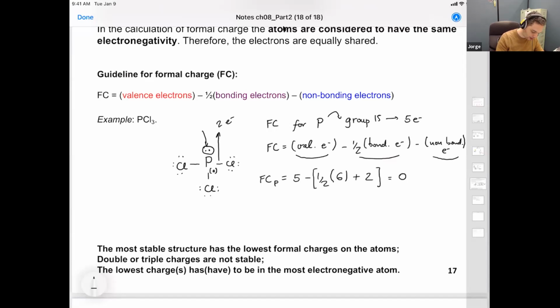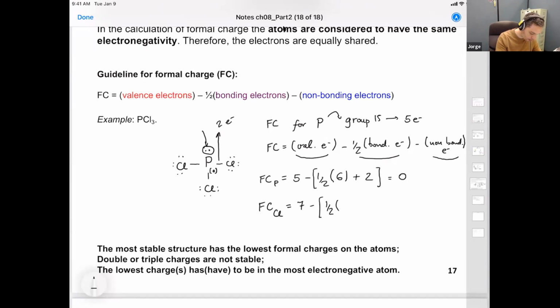Now let's do the same thing for chlorine. The formal charge for chlorine is going to be 7, because that's the number of valence electrons for chlorine, minus half of the bonding electrons.